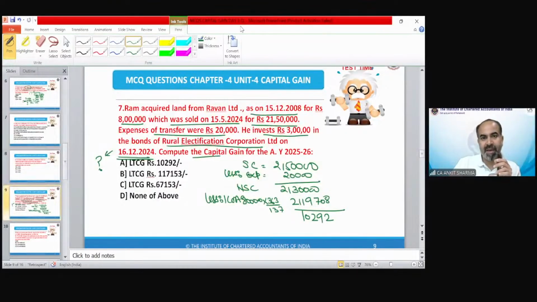So can we claim exemption of section 54EC in this case or not? Now we have to reduce the exemption. 54EC, he invests 3 lakh rupees. As per the provision of section 54EC, can we claim this exemption or not? Have the conditions to claim this exemption been satisfied?